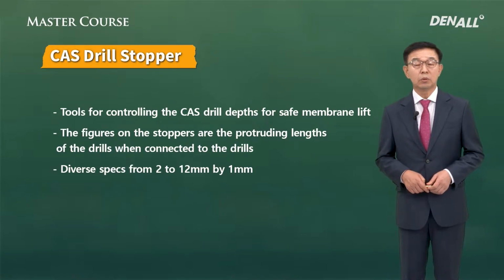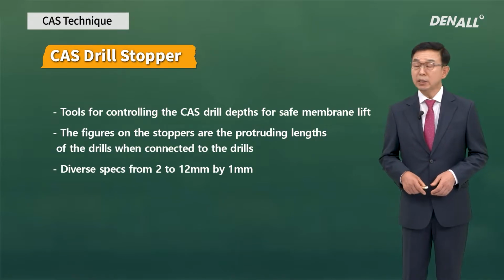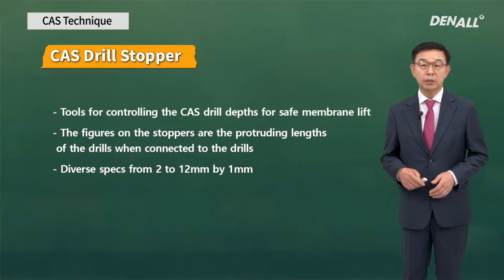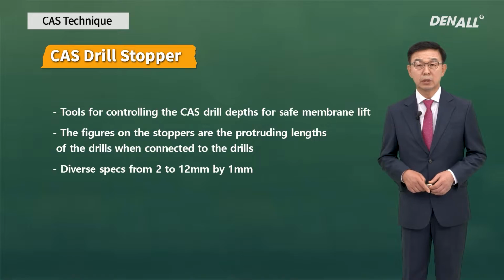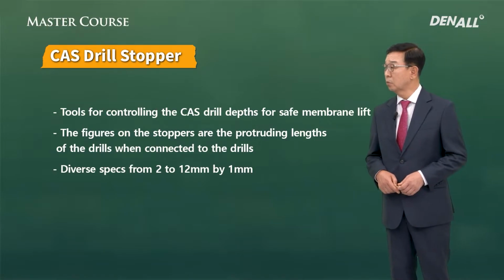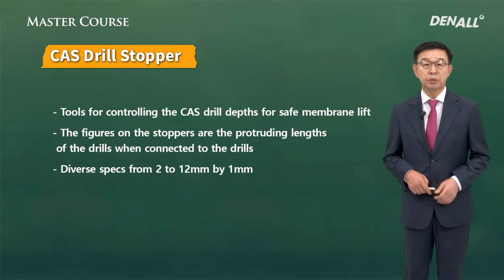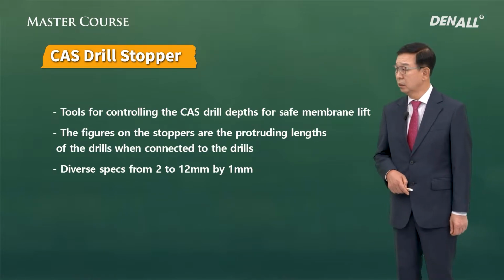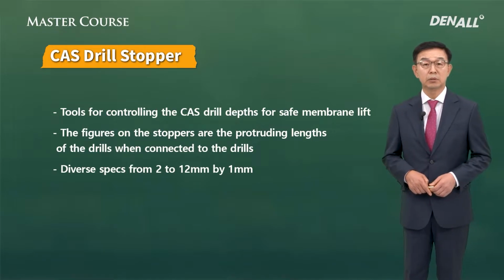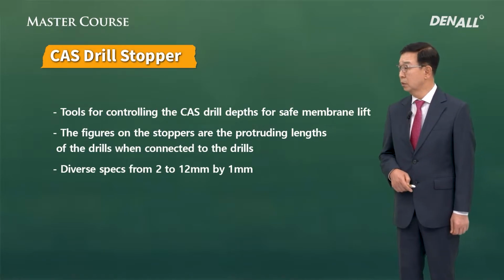In the CAS drill, there's a stopper which ranges from 2 to 12 millimeters. You can gradually do drilling on the sinus floor for the sinus lift. If you use it well, you can do sinus lift in the safest way without damaging the sinus membrane, and you can place the implant in this way. It's very useful.